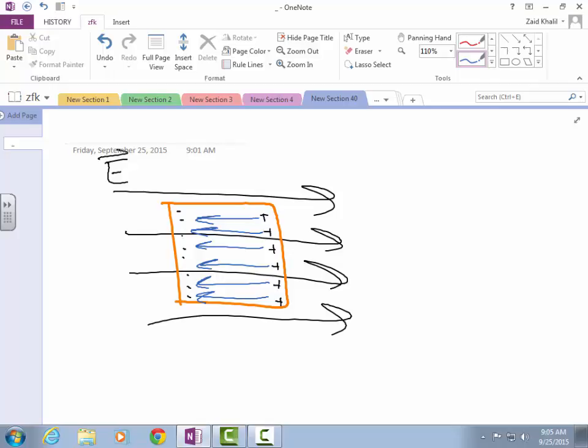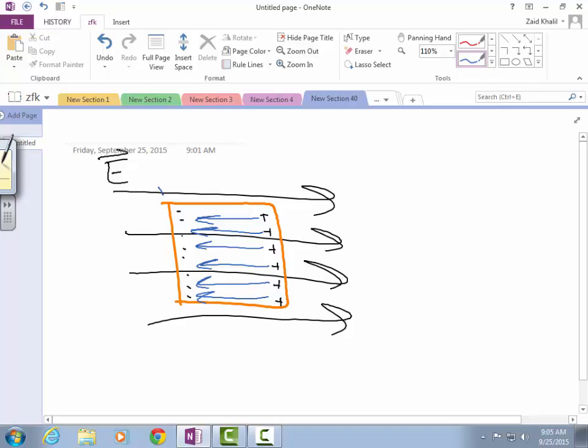And since it became polarized, it's going to have its own electric field. This is going to continue drawing electrons until what point? The electric field inside here is precisely balancing the external electric field, and there's no movement.